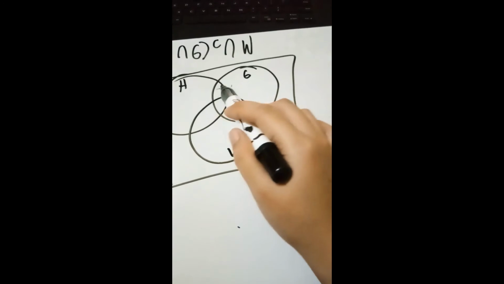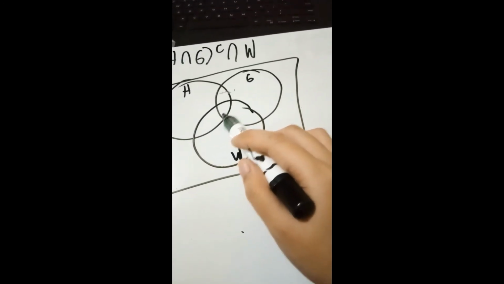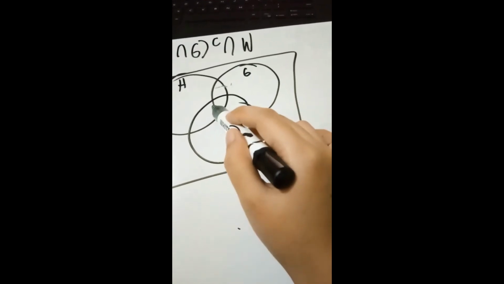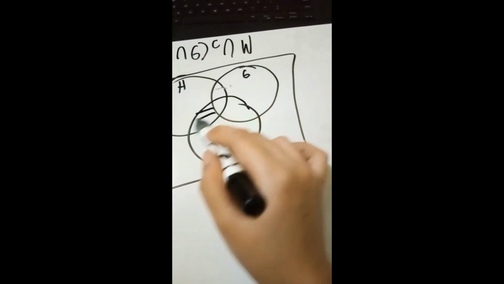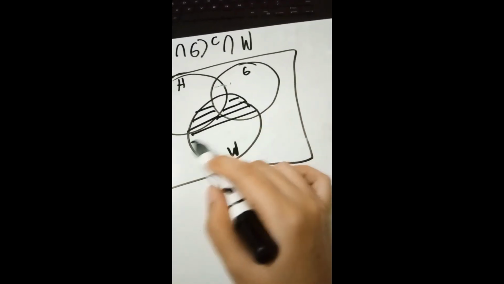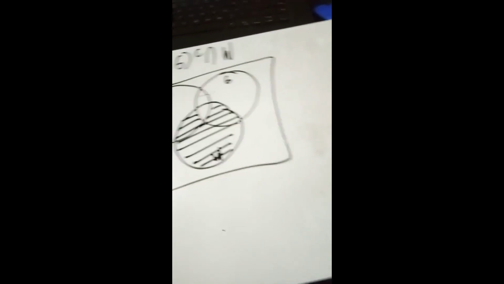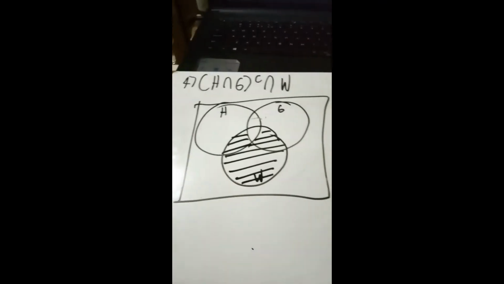So except this portion, i-intersect mo daw siya sa, saan? Sa set W. Therefore, this is your answer. Yan. There. So that is number 4.